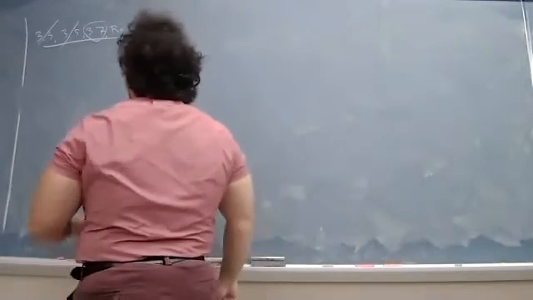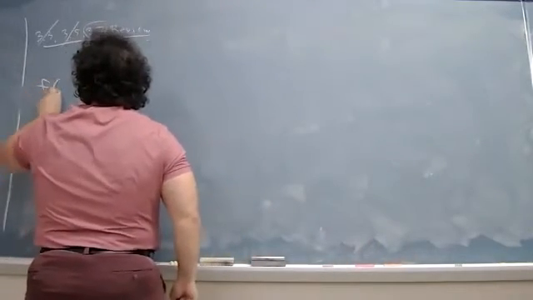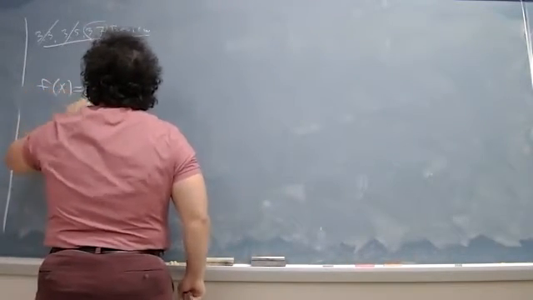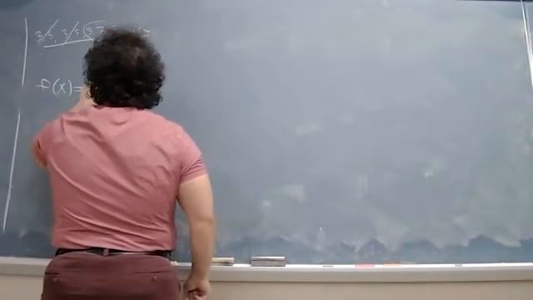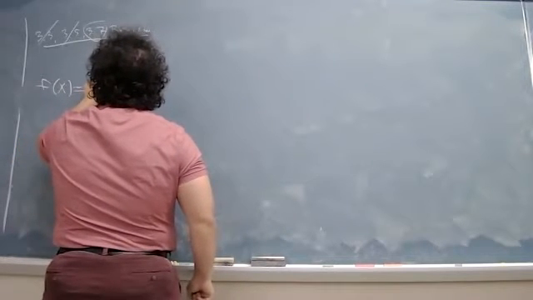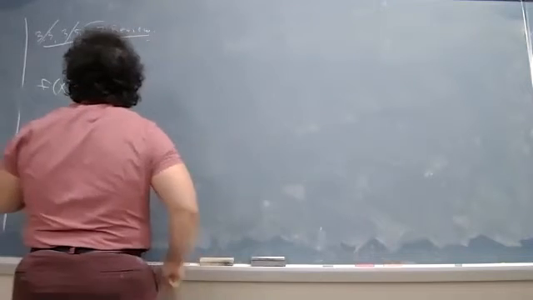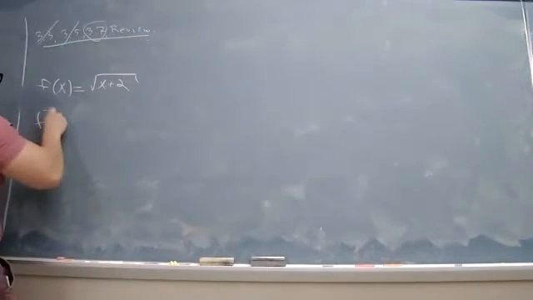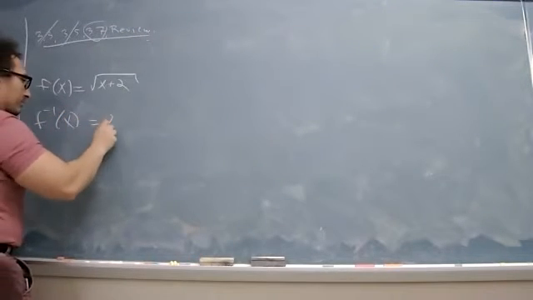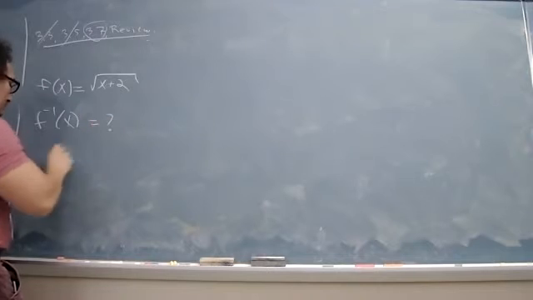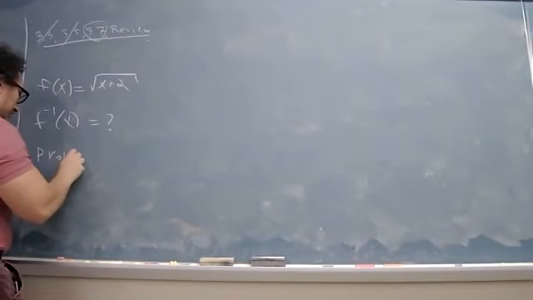Right? So let's say given some function f of x is equal to the square root of x plus 2, what is f inverse of x? And once you find it, prove you found it.